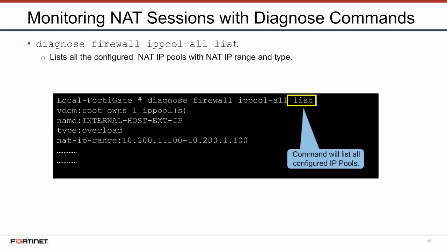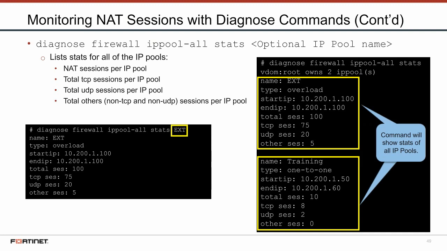You can use the diagnose firewall ippool-all list command, which will list all of the configured NAT IP pools with their NAT IP range and type. The diagnose firewall ippool-all stats command shows the stats for all of the IP pools.